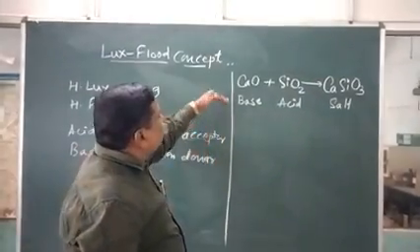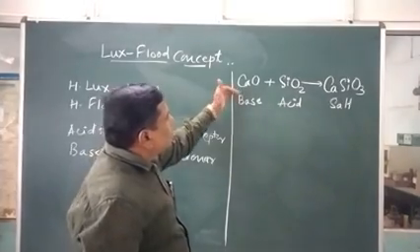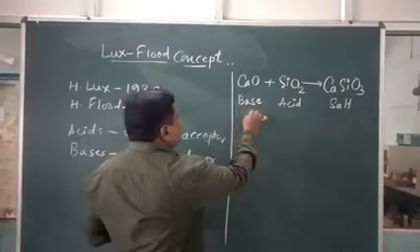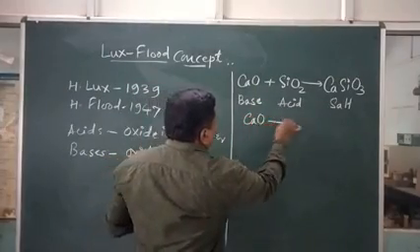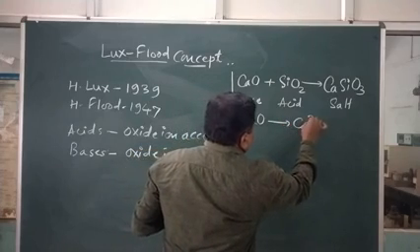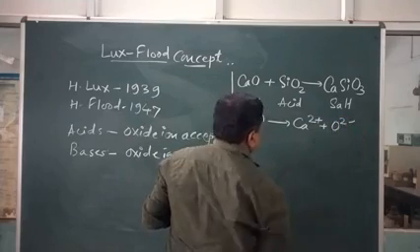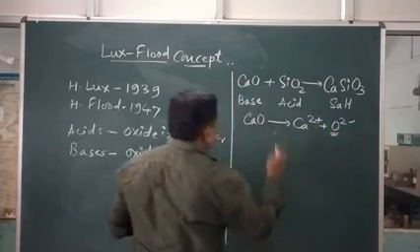Now how does the mechanism take place as concerned with the donation of oxide ions? Calcium oxide can donate, giving Ca2+ and O2-. This is the donor species.